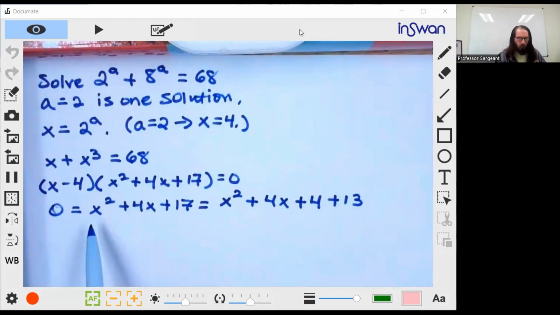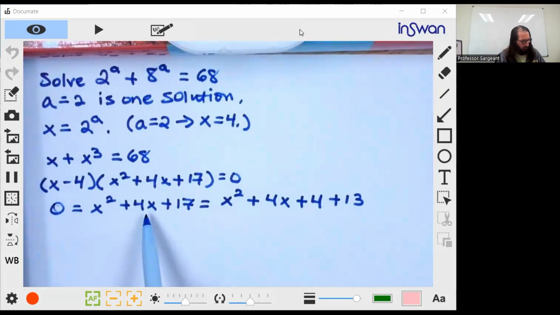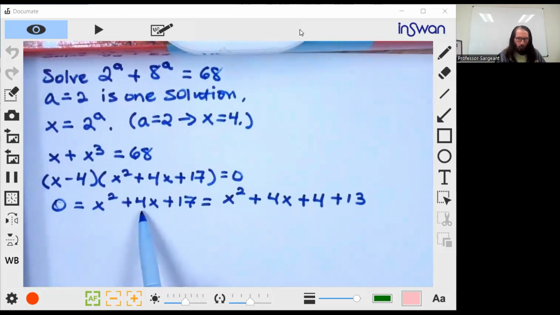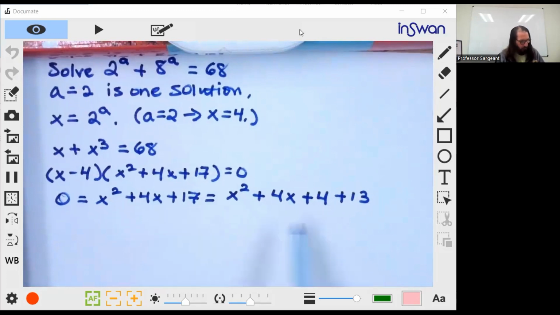Since I had a coefficient of 1 in front of x squared, then I'm ready to go with taking half of the coefficient of x to the first and then squaring that. Half of 4 was 2. 2 squared was 4. And I've got 13 more than that by having 17.